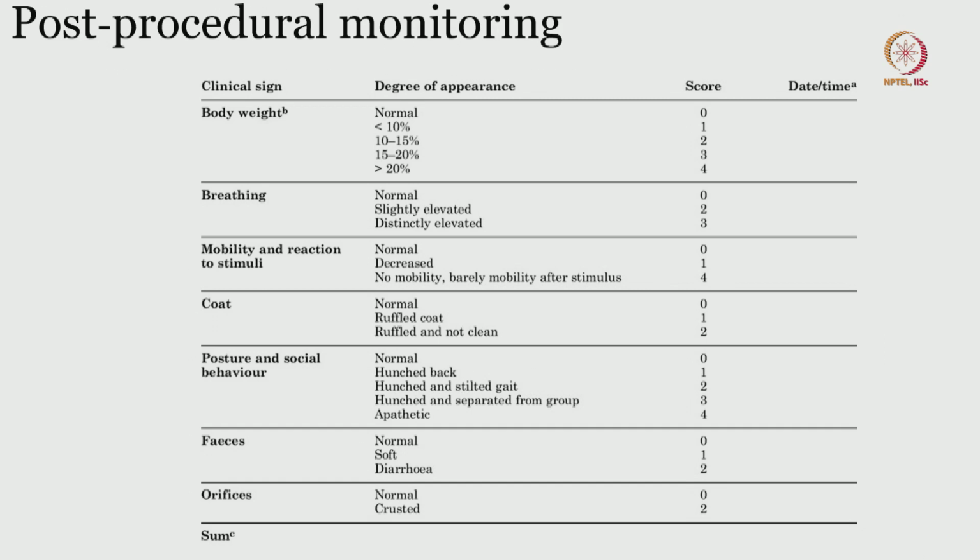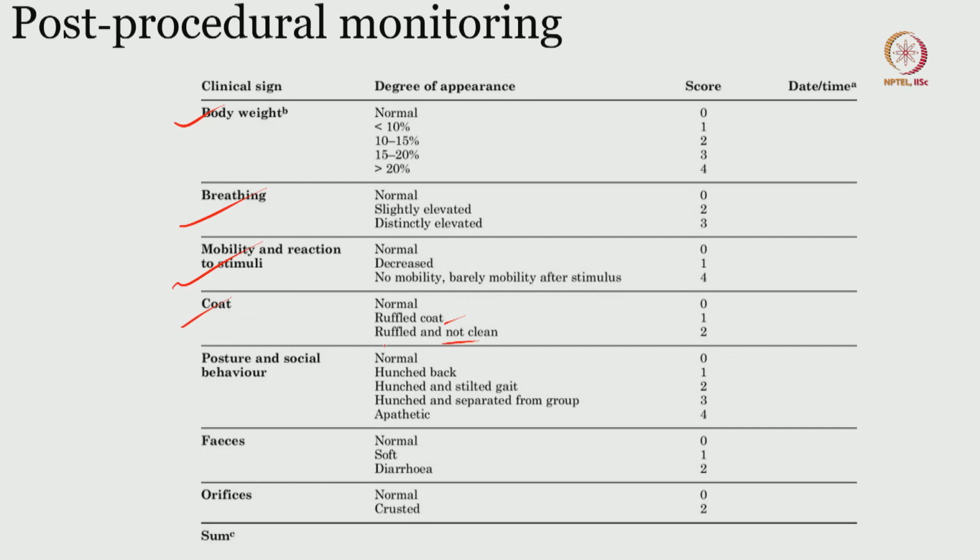There is also a detailed scoring where you can check the body weight and give a score, and you can check the breathing pattern, mobility and reaction to stimuli. How is the coat, whether it is ruffled and not clean? Generally the rat keeps grooming itself so that there is a smooth shiny fur coat.